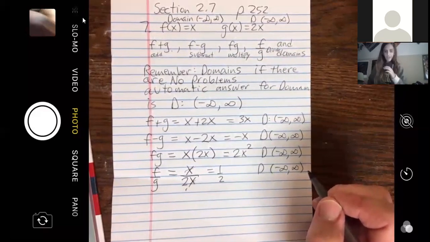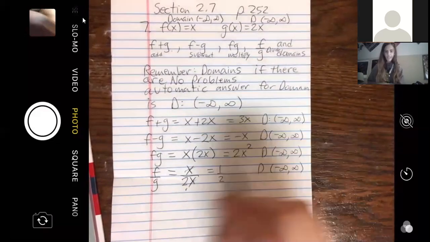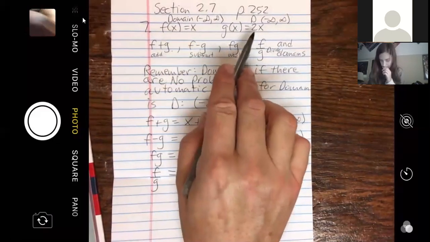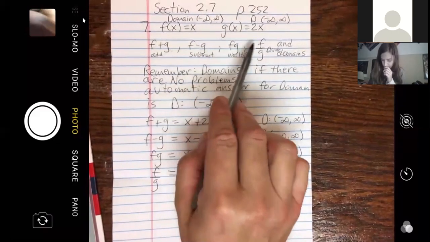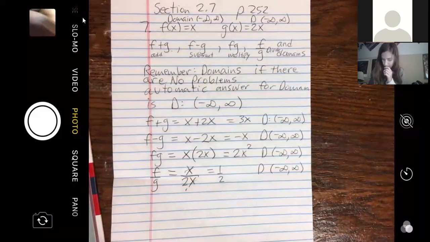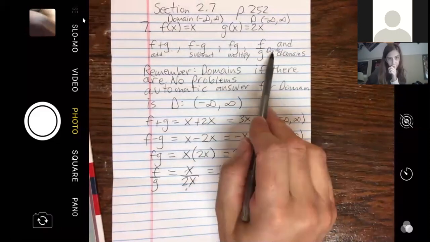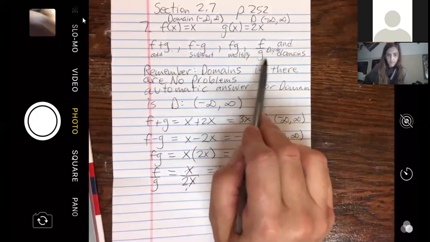So it's like last unit where you're replacing the f and the g with what they equal. With their formulas, yes. And then these first four things are simply adding, subtracting, multiplying and dividing. The add, subtract, and multiply doesn't usually create problems. The divide can create problems because you have to look where your g could be 0.